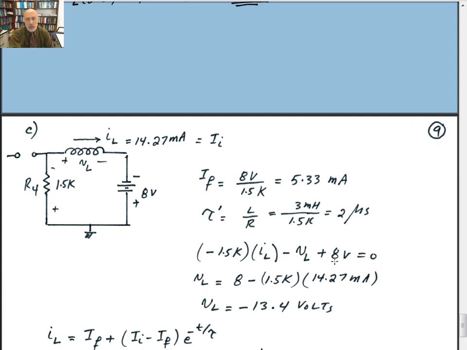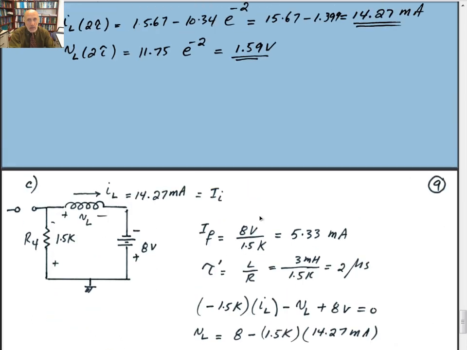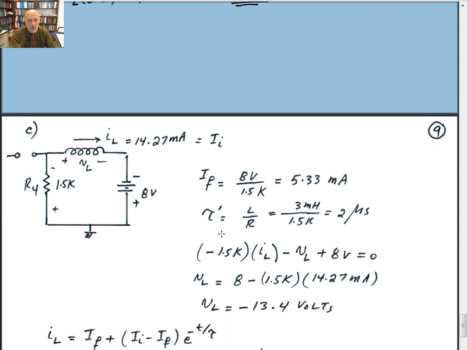So V sub L would be equal to 8 minus 1.5 times 14.27. And if you calculate that, it comes out to be minus 13.4 volts. So as soon as you open the switch, the voltage across the inductance will go from 1.59 volts to minus 13.4 volts instantly, but not the current.